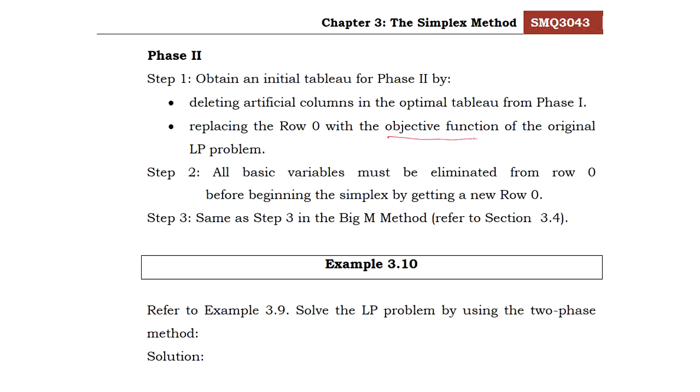So we take the original objective function. And then in step 2, all BVs must be eliminated from row 0 before beginning the simplex by getting a new row 0. In step 3, same as step 3 in the Big M method. So you can refer to section 3.4.